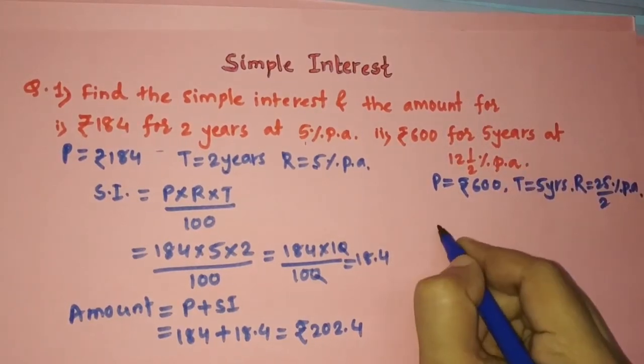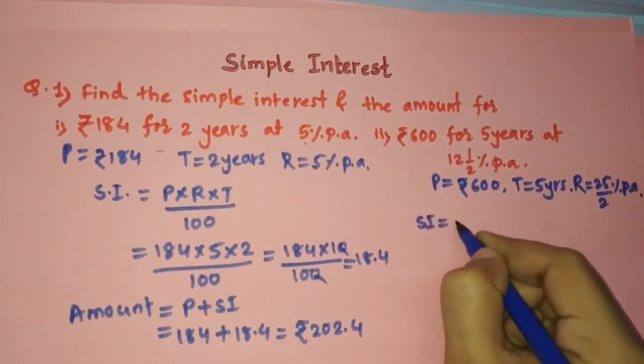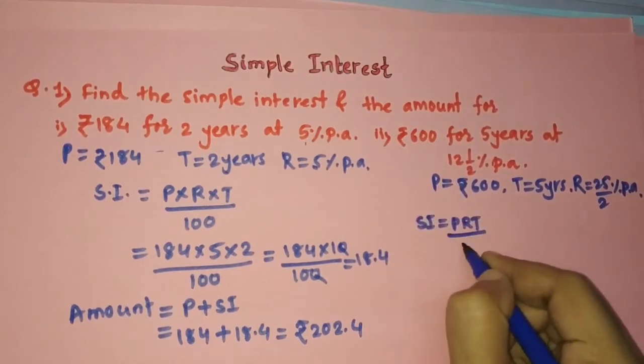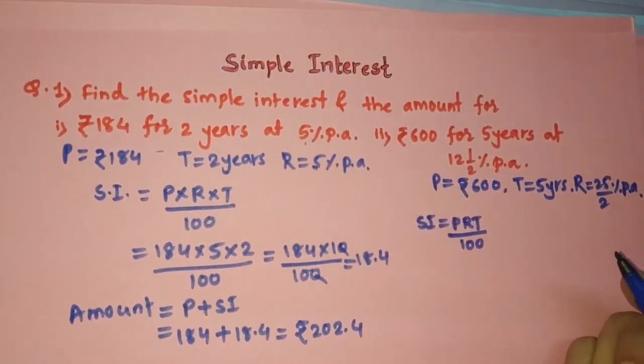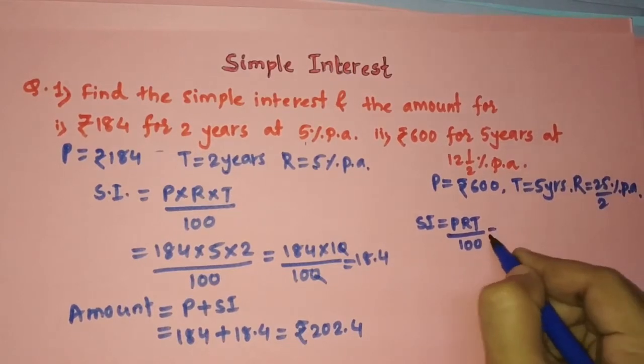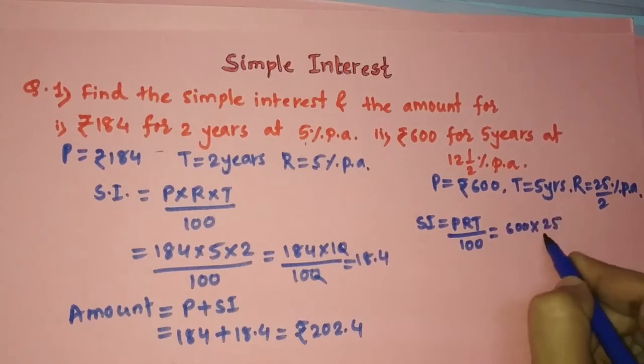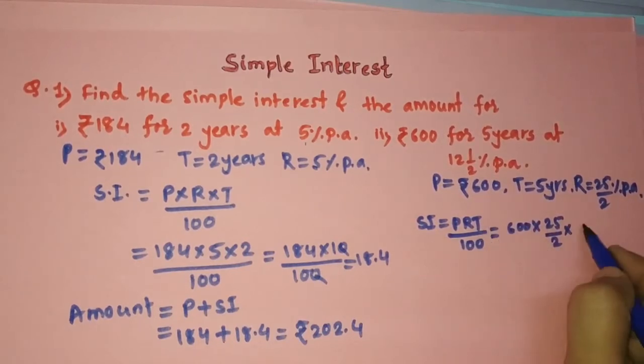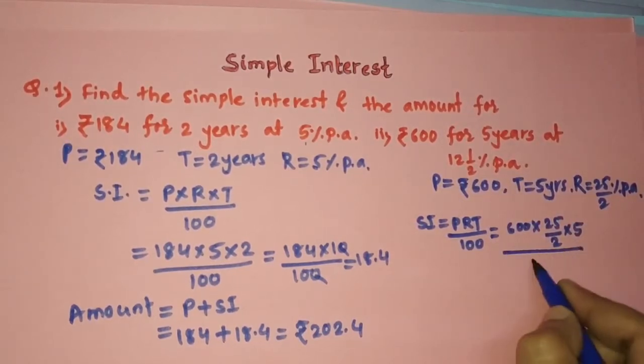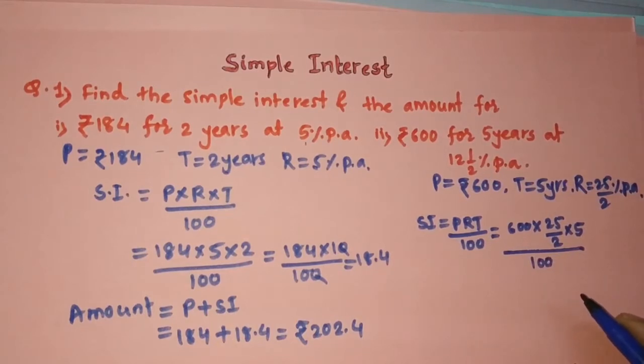So now just write down the formula. Simple interest is equal to PRT divided by 100. So now keep the values here. Principal is 600, rate of interest is 25/2, and the time duration is 5, divided by 100. So friends, just cancel out these things.